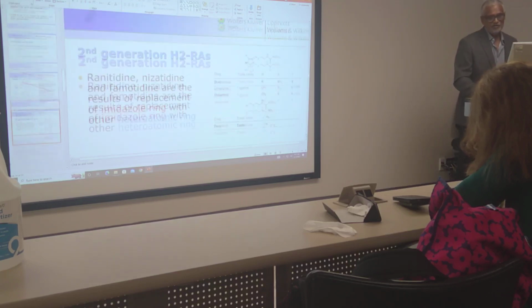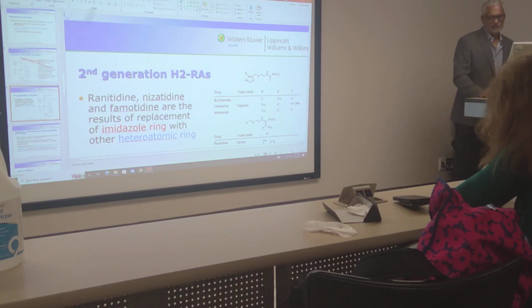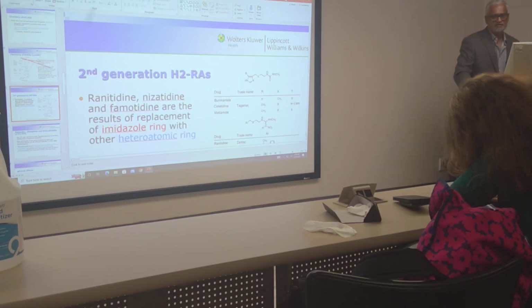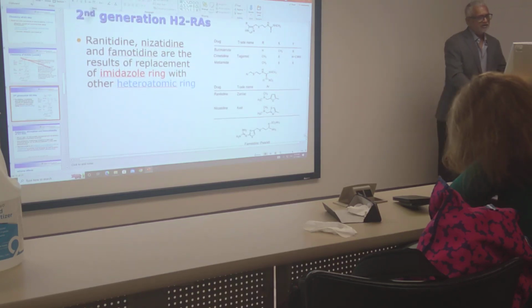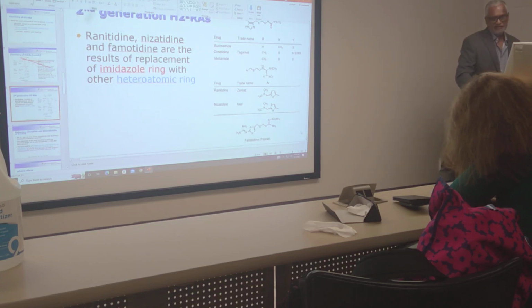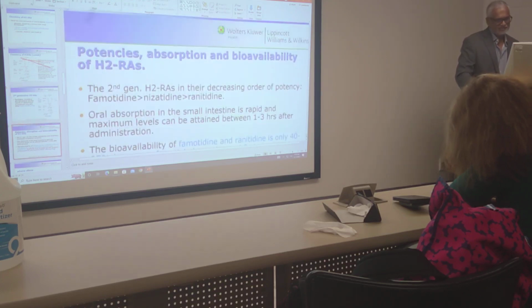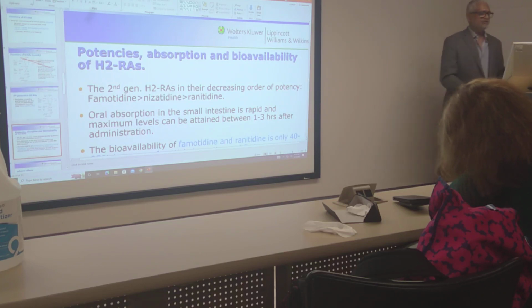They target more specifically the H2 receptors and don't do anything to our H1, so you don't feel drowsiness or anything, because the brain H1 receptors are not affected by these. And potency wise, famotidine is the most potent, and ranitidine is the least potent.